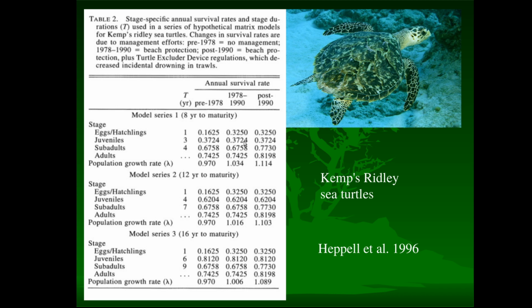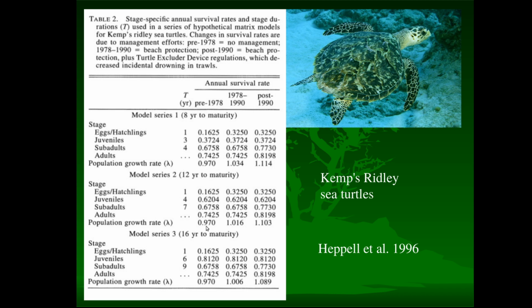Okay, so here the beach protection increases survivorship of eggs and hatchlings, doubled it. In post-1990, the turtle excluder device increases survivorship of subadults and adults. All right, so the overall growth rate went from a decreasing population, lambda is less than 1, to a slowly increasing population.